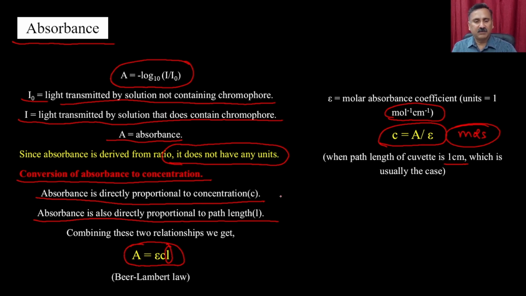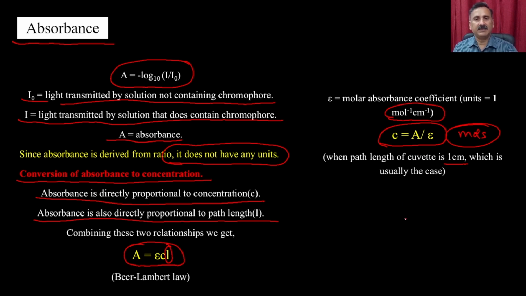There are deviations from the Beer-Lambert law, which we are not going to discuss here, because there are saturations, product dimerizations, fragmentations and so on, which change this particular relationship.